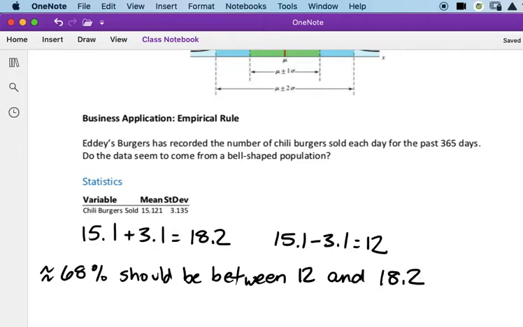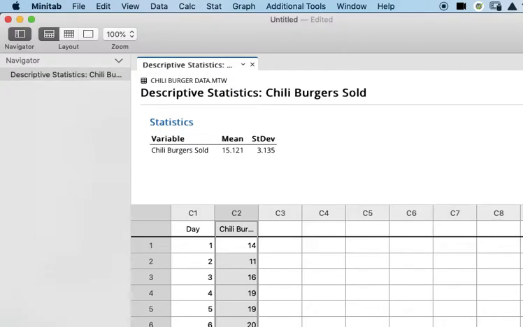So if I go back to my data set, now there's 365 values in this data set. So I could go through and count which ones are between 12 and 18.2 and figure it out that way. Like 14 is between 12 and 18.2. 11 is not between those two numbers.